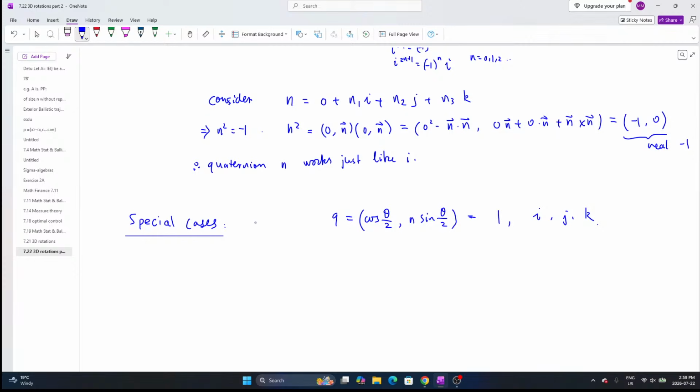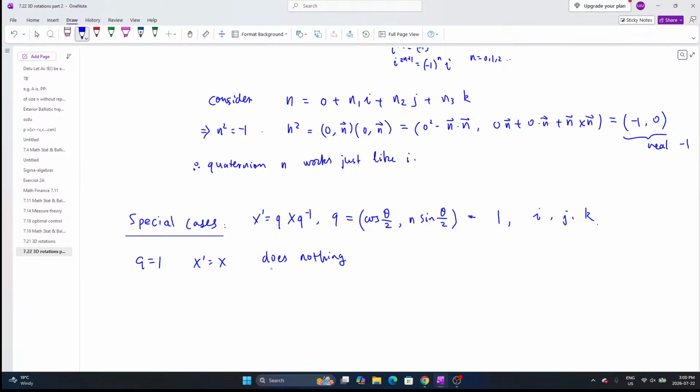The formula is X prime equals q x q inverse. Here you have this is your Q. Now we have the special case where Q equals 1. Of course, x prime just equals x, so it does nothing. Does that make sense?